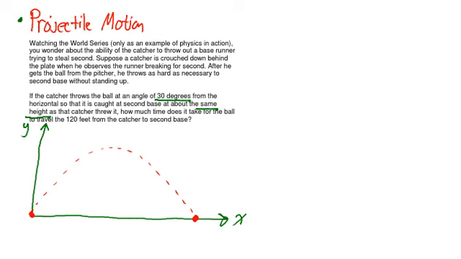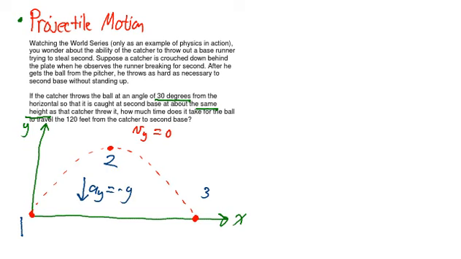Another point that will come in handy is the top point, and at that point we have the special condition that the y velocity is equal to 0. At that point it's a turning point. Let's label our points 1, 2, and 3 and indicate the direction of the acceleration caused by gravity.